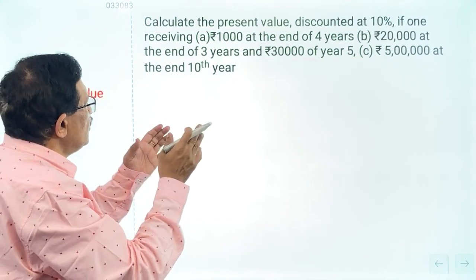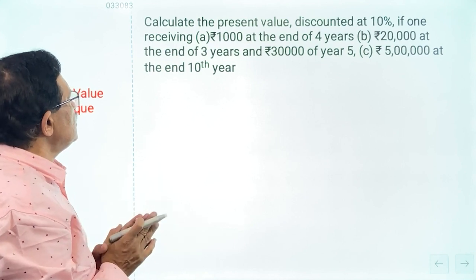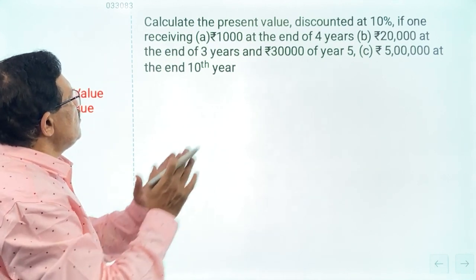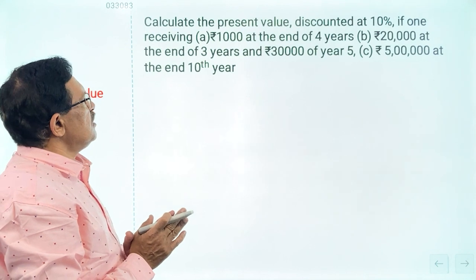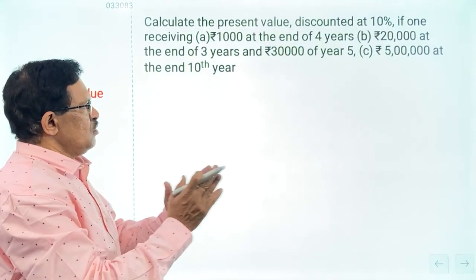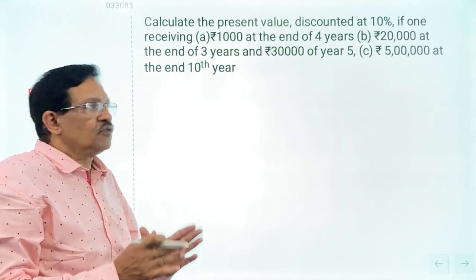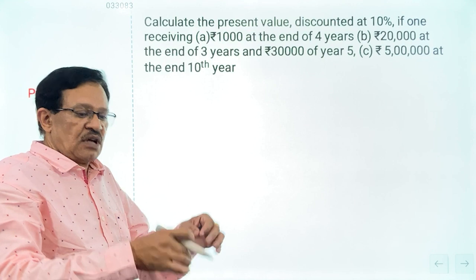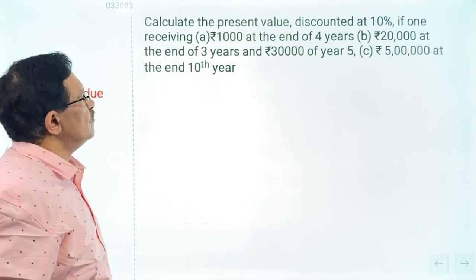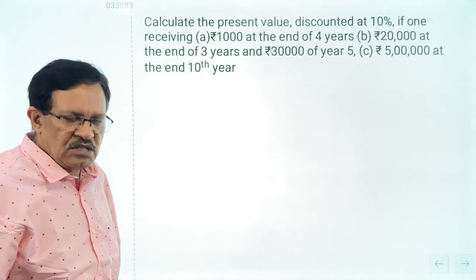Let us start with the first bit, where it says that somebody is receiving 1000 at the end of 4th year. He wants to understand what is the present value of that 1000 as on today. How to calculate this particular present value?